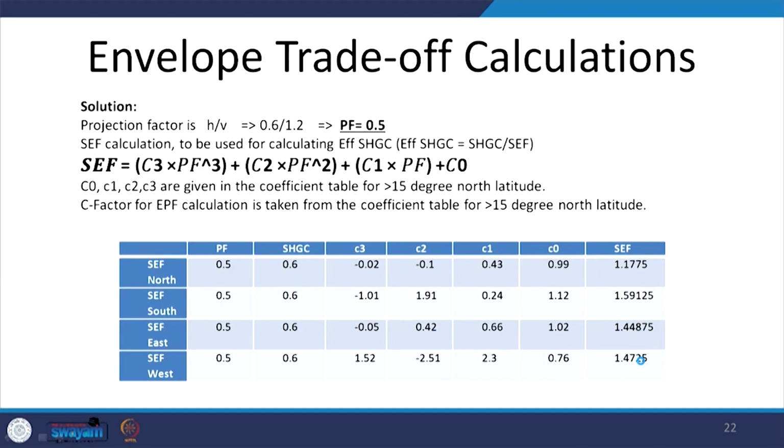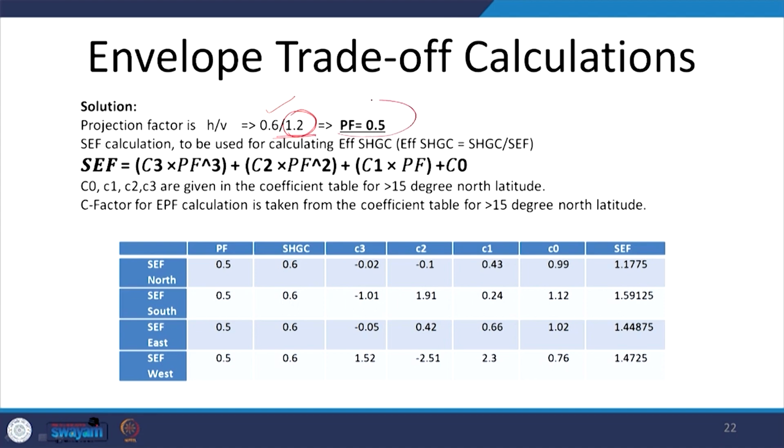For the proposed case, the shading device has been proposed here. In the base case there was no shading device, while in the proposed case there is an overhang of 0.6 meter proposed, that is 2 feet, and this is right above the window, which is 1.2 meter high.